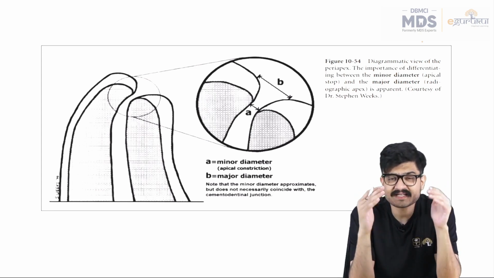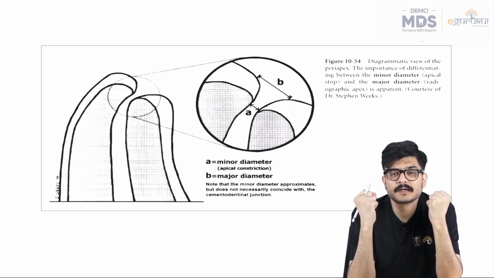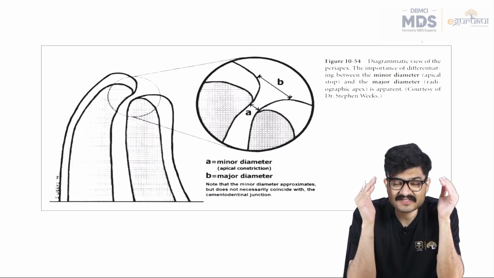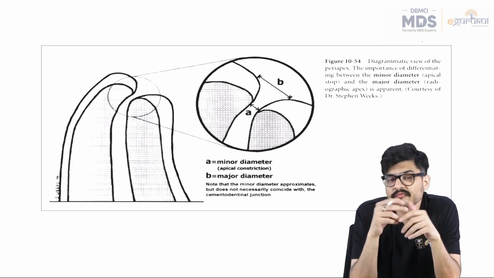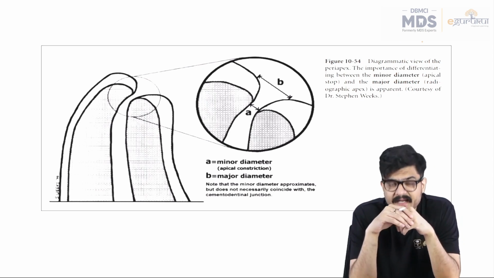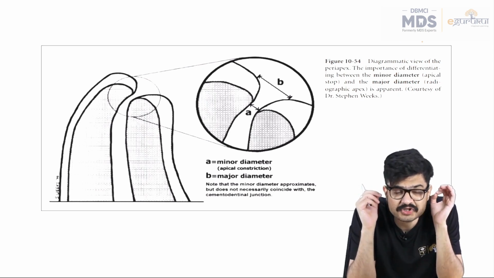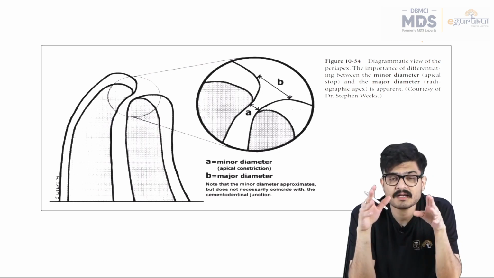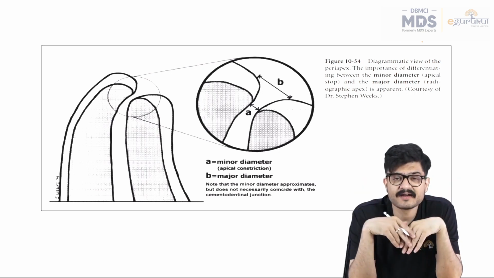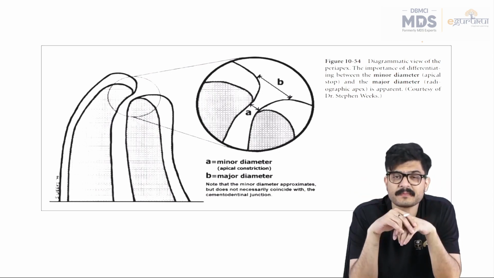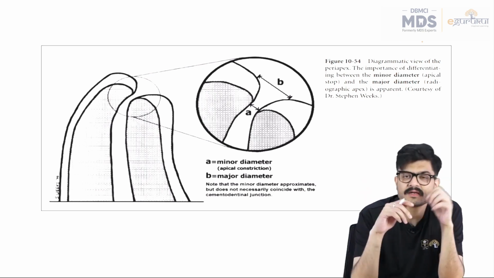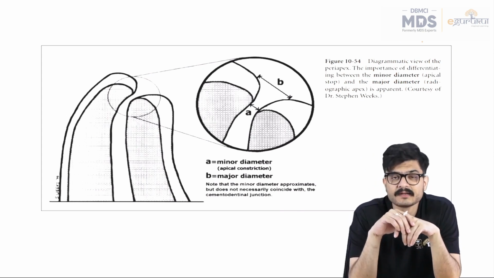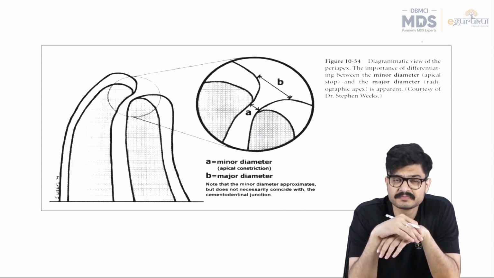Because this would give me a nice seat against which I can pack my gutta percha. All the more important for warm vertical compaction techniques wherein I want to ensure that my gutta percha does not exit the root canal system and extrude into the periapical tissues, right? That's why apical constriction is the point at which I'm going to terminate my cleaning, shaping and obturation procedures.